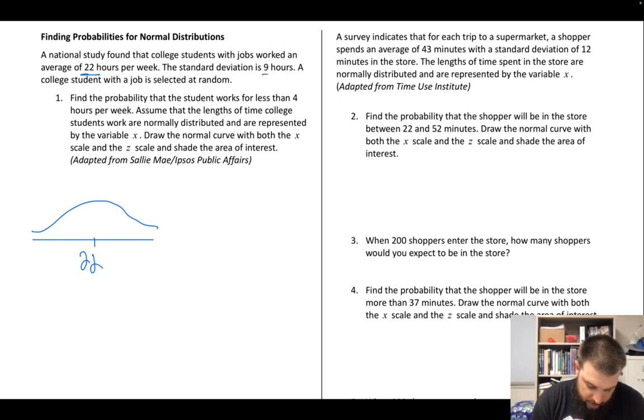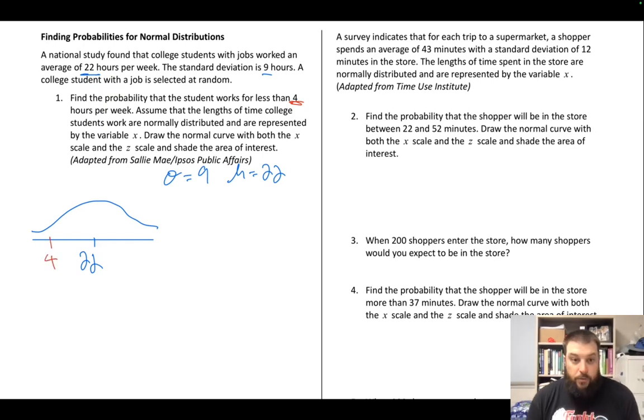They tell us we have a standard deviation of 9. Our mu is 22, as we said. And then our value this time is 4. So there's 4. And then pay attention, we're looking for less than 4, so that's to the left. So we're finding that area there.